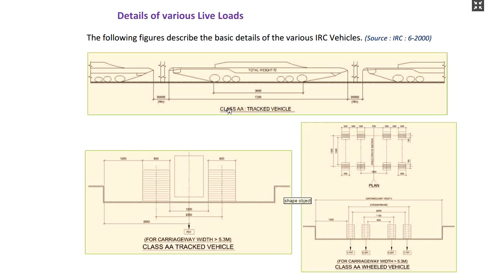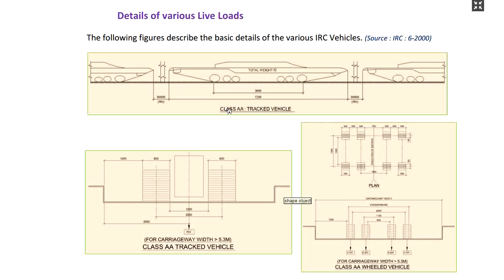Track type of vehicle means army vehicle, and you know that army vehicle generally doesn't enter the urban area. It is generally transported on the highway. So you may predict that this class AA vehicle is used for the highway.